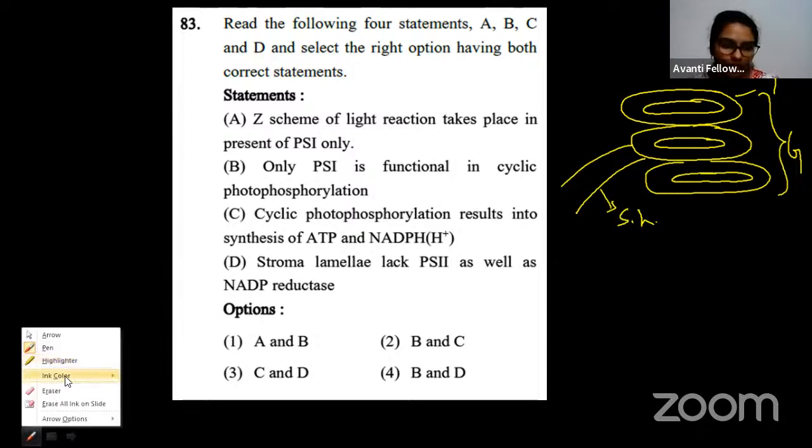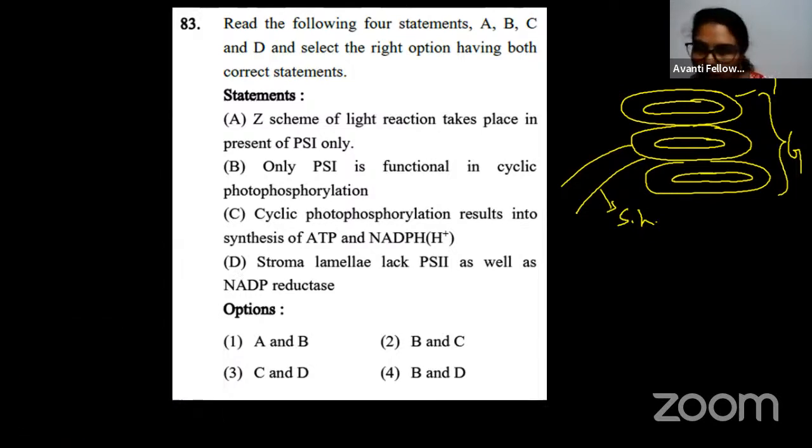So inside these there will be presence of quantasomes or photosystem. ठीक है, photosystem होते हैं इन सारे के अंदर.